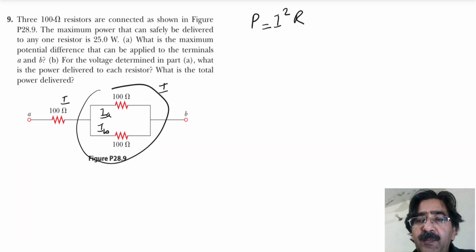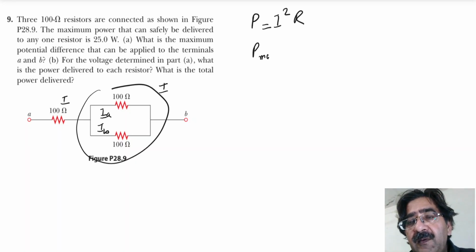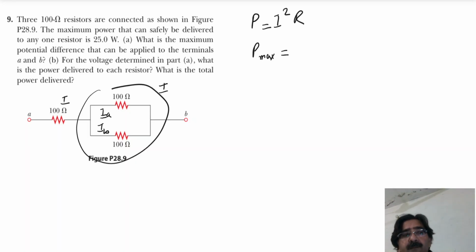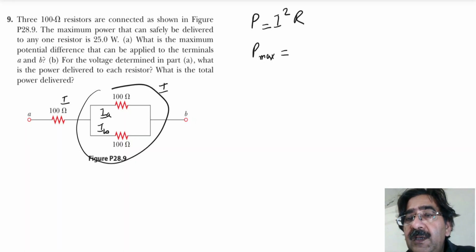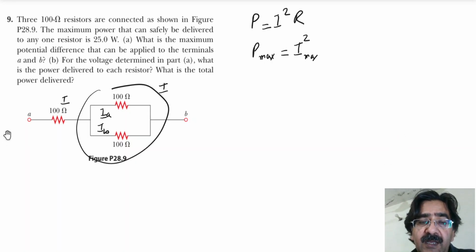So for the maximum power, we need I max, and this I will be the same for R1 as well as for these resistances.